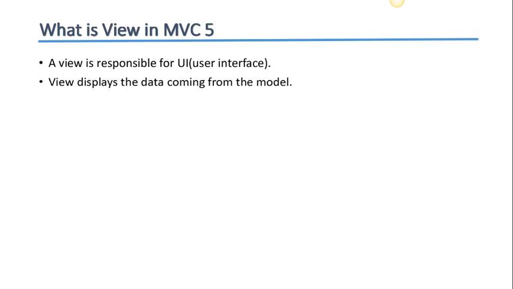So first one is, what is view in ASP.NET MVC. If you say MVC, V stands for view. View is one of the important components in MVC. A view is responsible for the user interface, and view displays the data coming from the model.